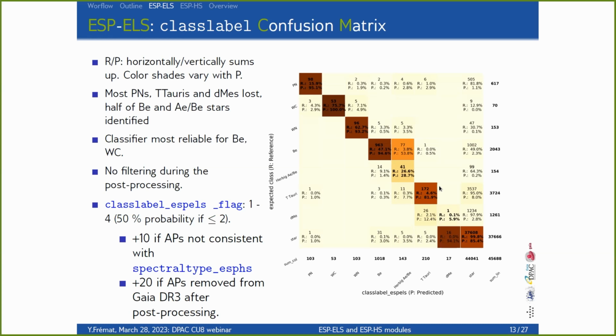And that explains, for example, why most of the T-Tauri stars have been classified as stars without any emission. So only a few survived the whole algorithm and were flagged as T-Tauri.